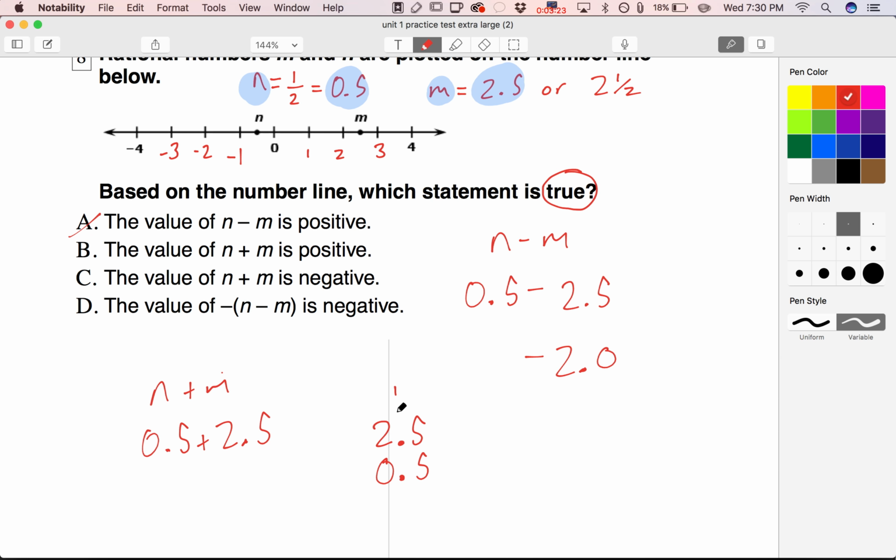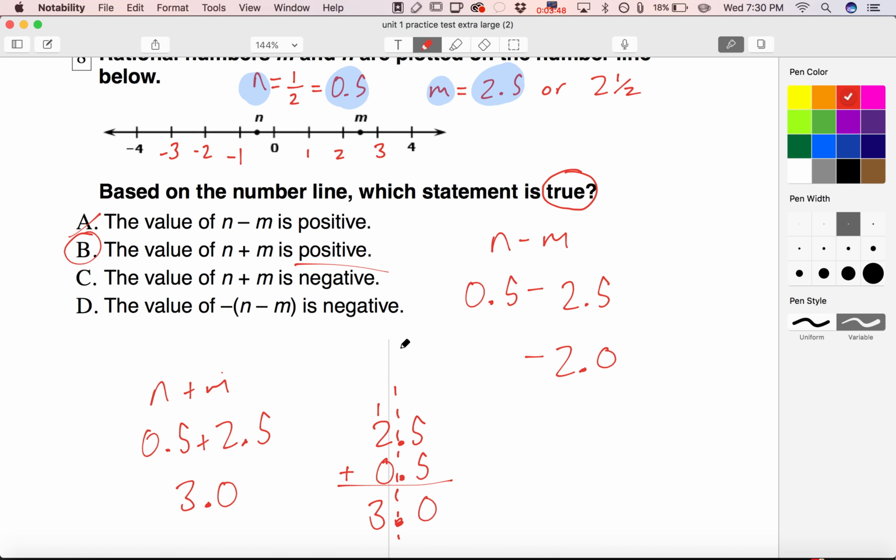Make sure you line up the decimals, draw a line, you are adding, so you're going to put a plus here and draw another line. 5 plus 5 is 10, and then carry the 1. What's 1 plus 2? 3. So we found out that this is equal to 3.0. Is this a positive number? Is it positive? Yes. So this one works.